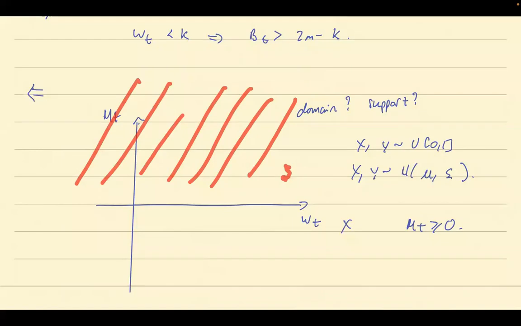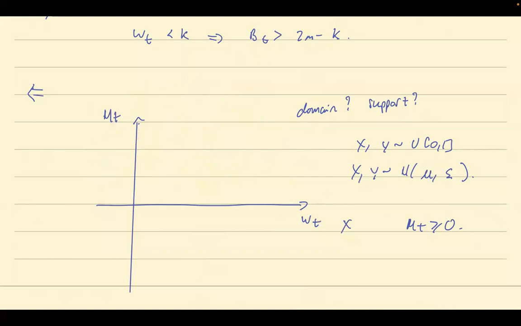Is that it? No. What else? When you look at a joint distribution, you have to pay attention to whether there is any obvious relation between the two. Is there? What's the relation? The relation is, by definition, MT is at least WT.